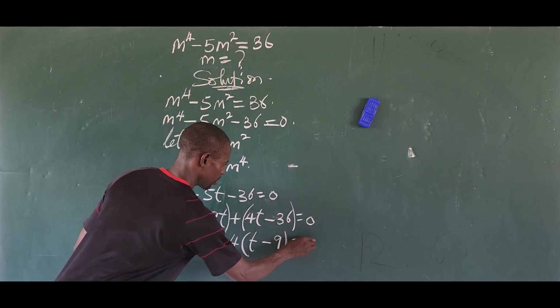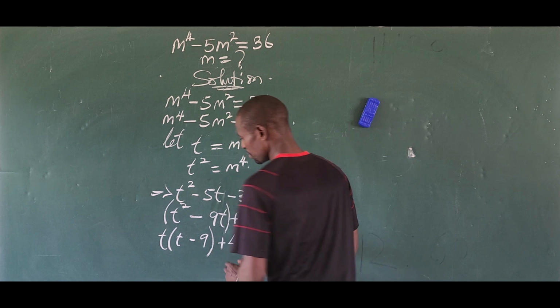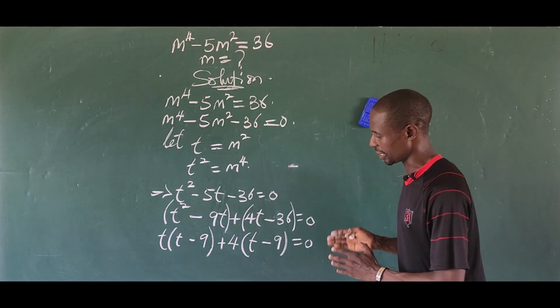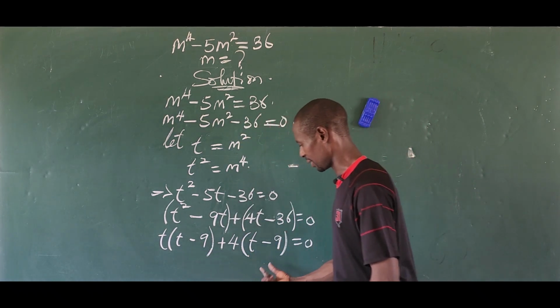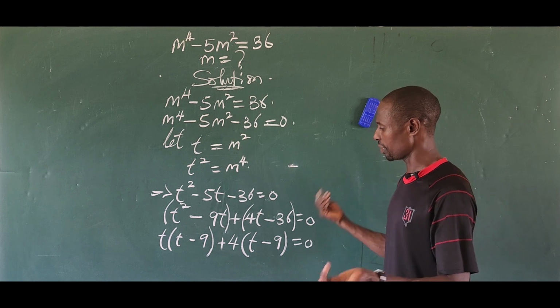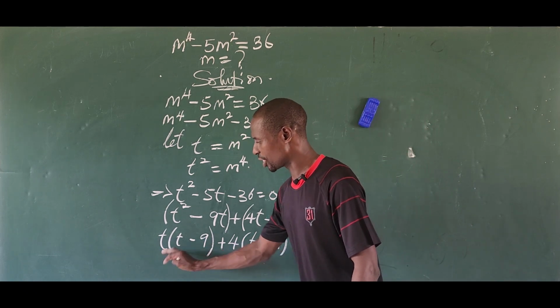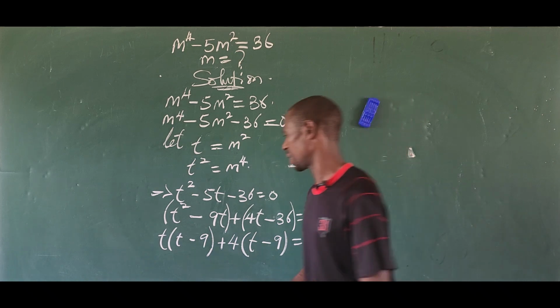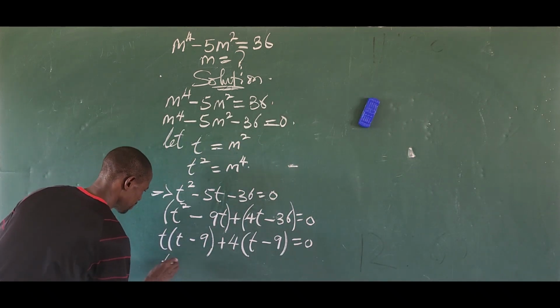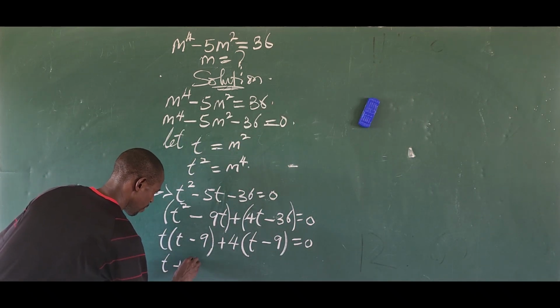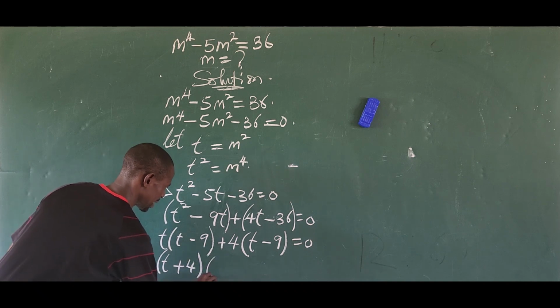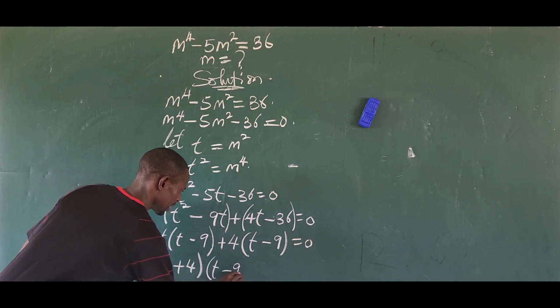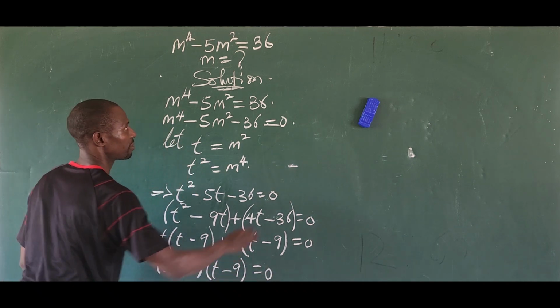Close bracket, this is equal to 0. If you check the terms inside the bracket, you'll discover that this and this are the same. So we take this one and this one that is outside and one of these ones inside. This is going to give us t plus 4, close bracket, bracket t minus 9, close bracket, equal to 0.